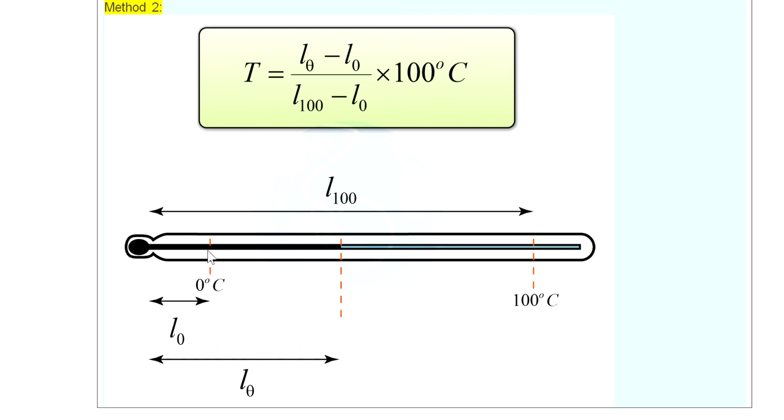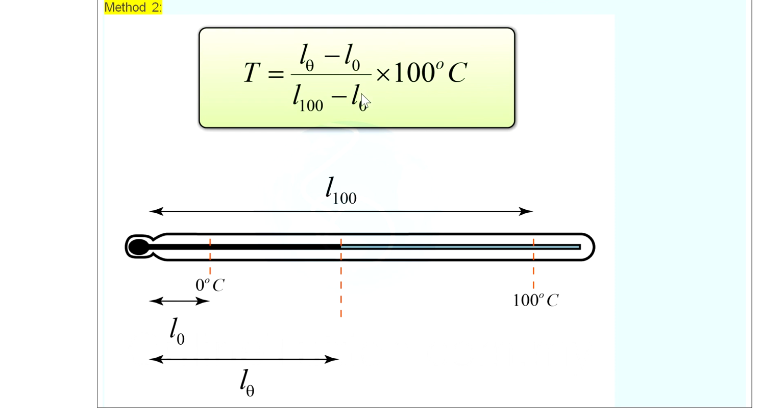So this point and the starting point have a distance between them. This distance is called L naught. The distance from the bulb to the ice point is called L0 or L naught. It is the length of the ice point.